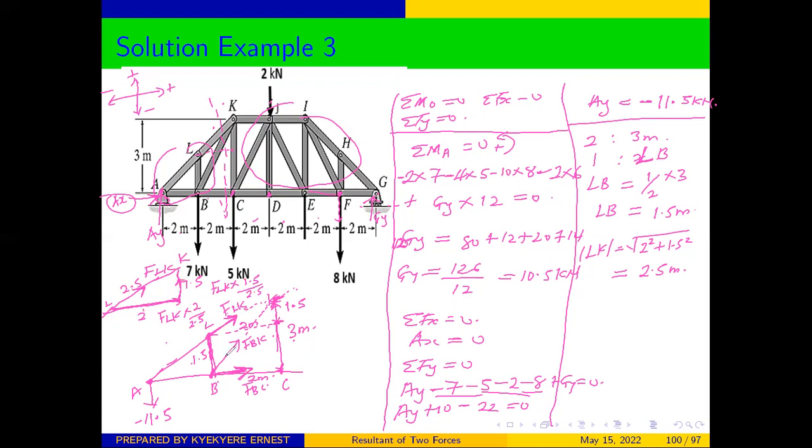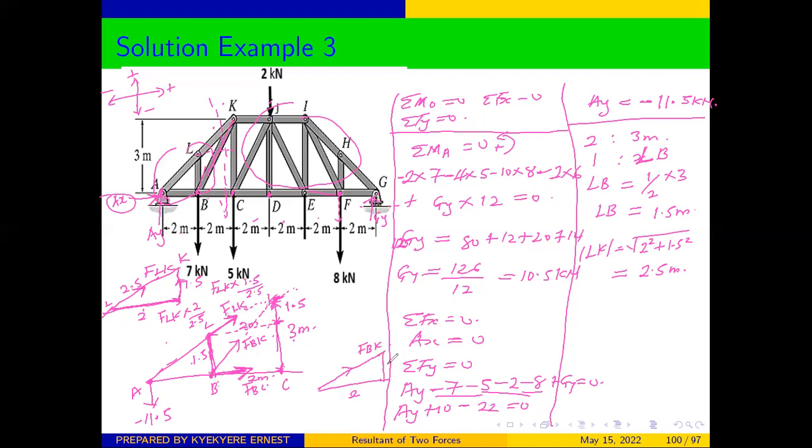We can also resolve force FBK into components. The horizontal distance here is 2, from B to C is 2. Force FBK is moving all the way from B to K. Therefore, the vertical distance is 3.